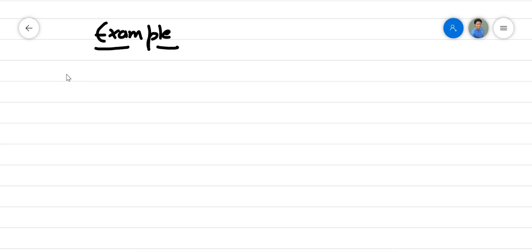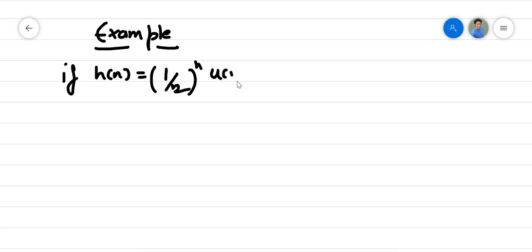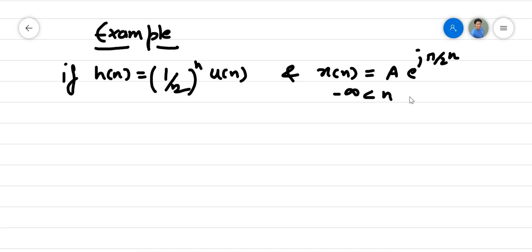We have a problem: if h[n] is equal to (1/2)^n u[n] and x[n] is equal to A e^(j pi/2 n), where n is varying from minus infinity to infinity. Now this is our question, and we want to find the solution of this particular problem.